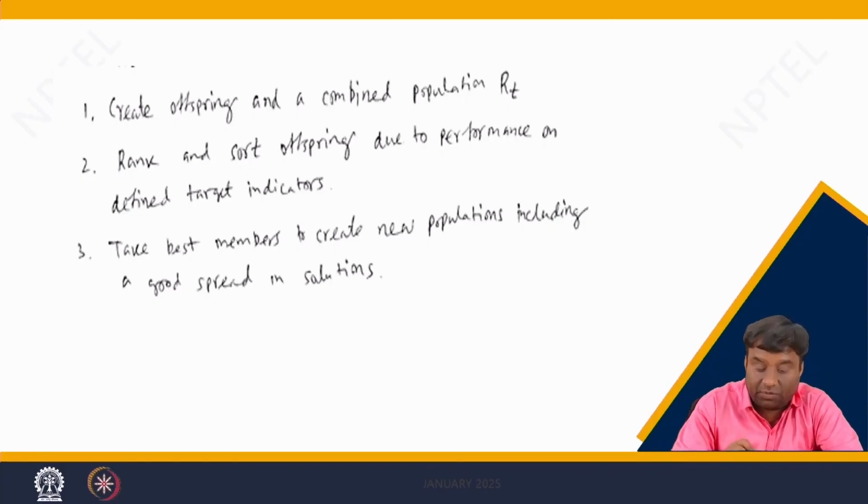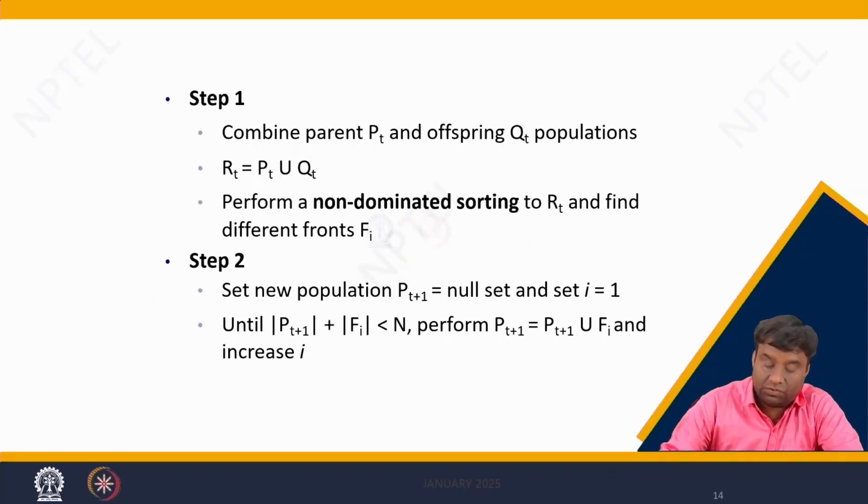It creates offspring, combines the population RT, and ranks and sorts the population by performance on different target indicators. Take the best members to create the new population, including a good spread in solutions. Step one is that we combine parent PT and offspring QT, which we discussed in the last class also. So RT equals PT union QT. Perform non-dominating sorting on RT and find the different fronts.